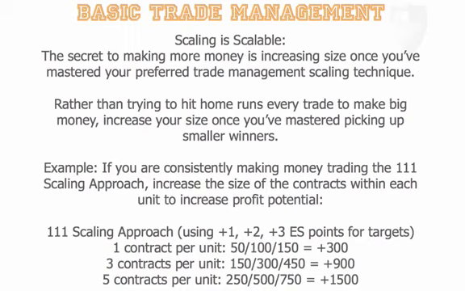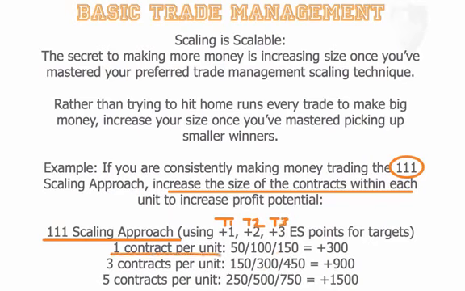So for example, if you're consistently making money using the 111 scaling approach, a third, a third, a third, then all you have to do is increase the size of the contracts within each unit to make more money. For example, if we were using a 111 scaling approach and we had T1 at +1, T2 is +2 points, and T3 is +3 points, okay?